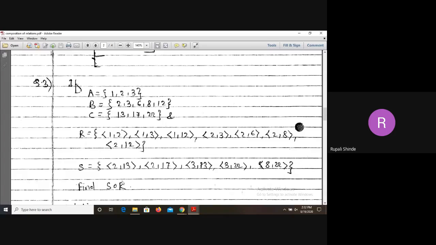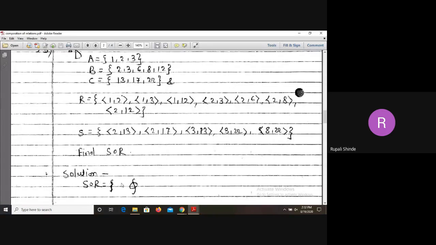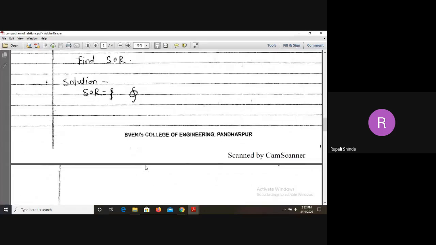Null set, because there is no such ordered pair for S composition R. Correct.